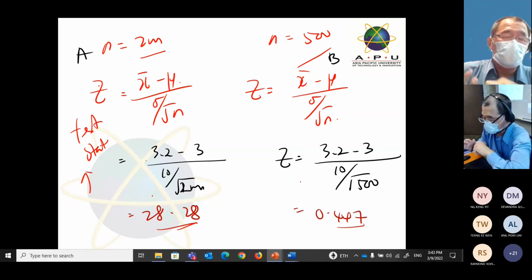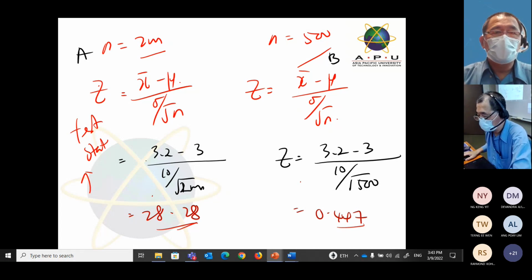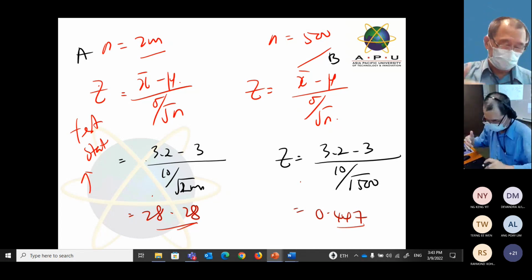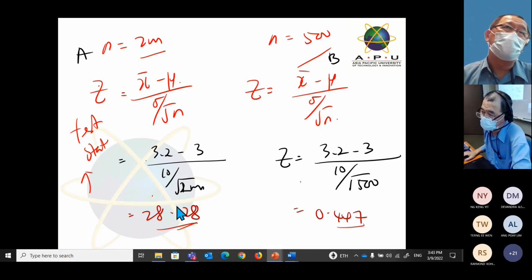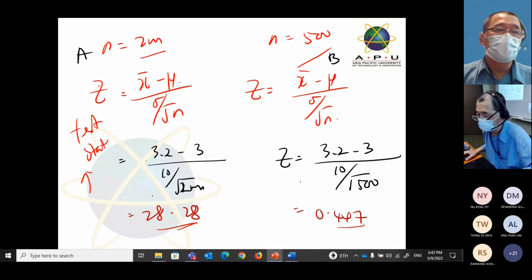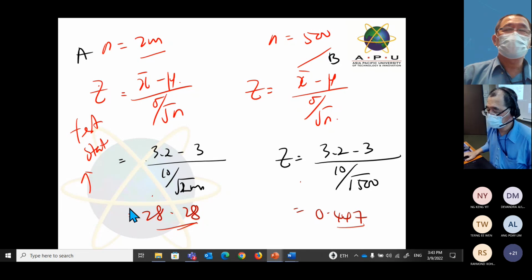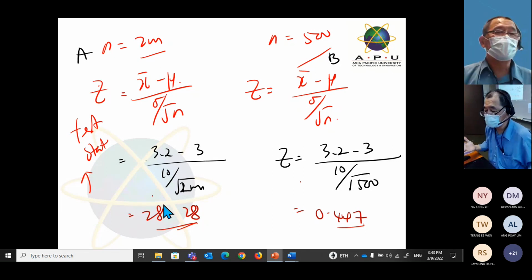So if no problem, now we see what you should do. This will be a little bit not practical for you, because you always get large sample sizes, either from a bank, from Macy's, or from DG.